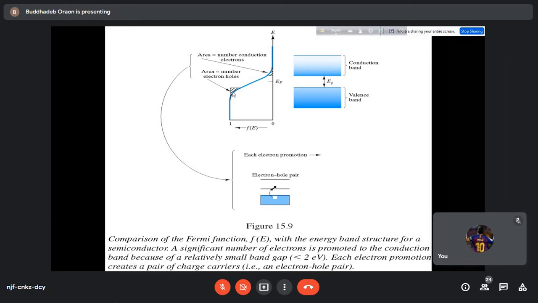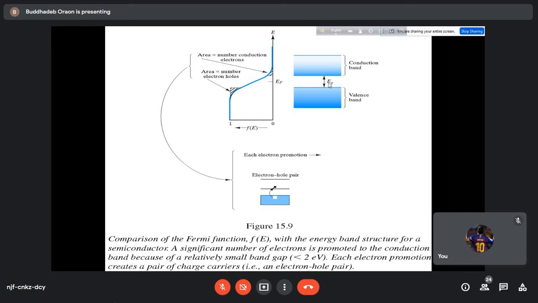Here we see that there is of course a band gap, and the position of the Fermi level lies at the mid value of the band gap. Below this we have the valence band, and let us consider we have a band gap Eg here, with the conduction band and valence band.